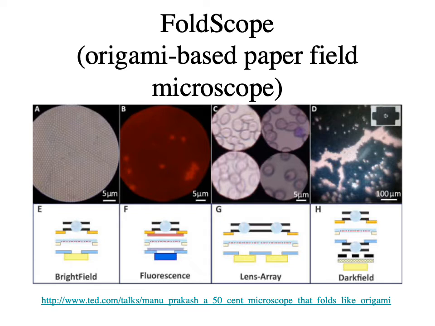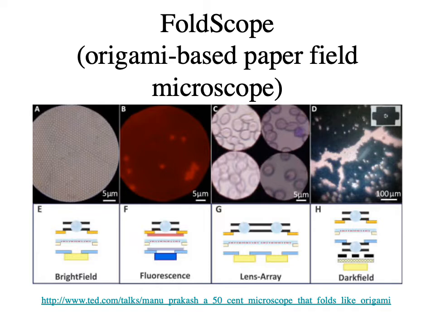Now, the Foldscope is a really cool microscope that is made out of paper. It was developed so that it could be used in places where there is no electricity, for example in a developing country where you want to investigate an infection that's present in a population but have no electricity.